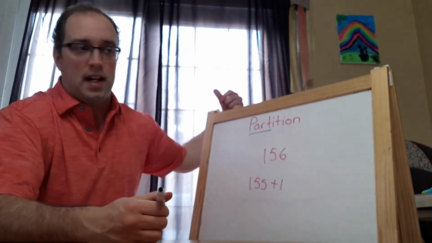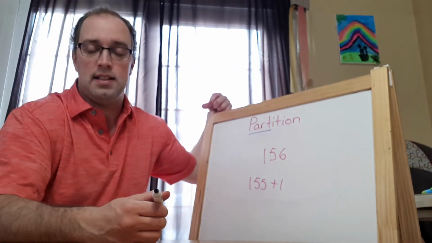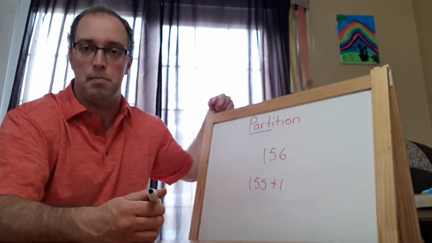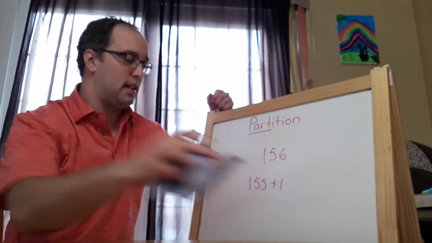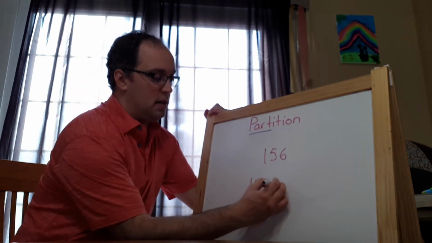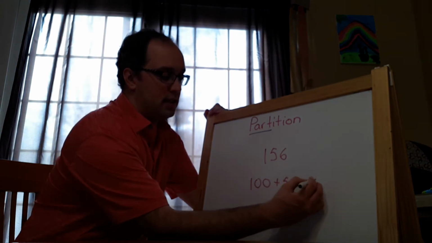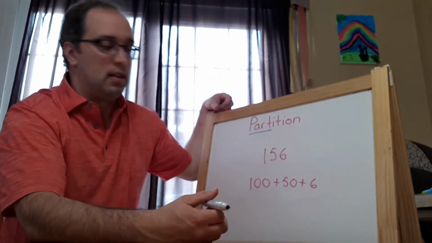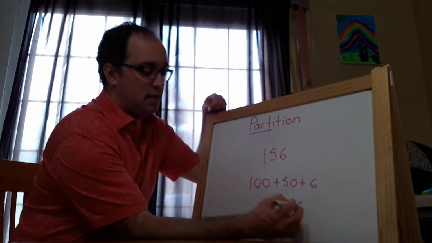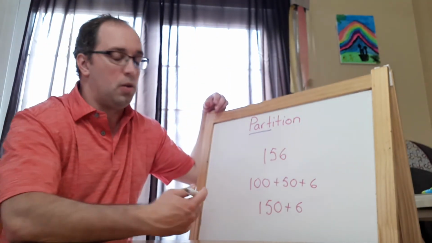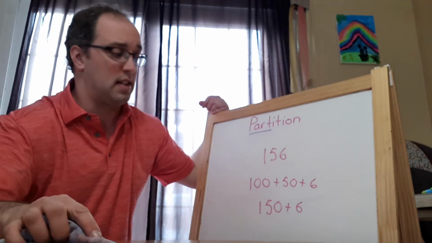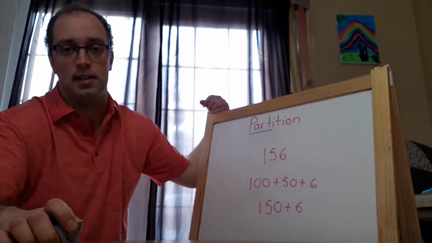At first I'll accept that, but after a few days I'm going to say that's too easy for you now, give me something more challenging, show me some more. And then they'll start giving stuff like expanded form, like 100 plus 50 plus 6. That's a great partition. They may give 150 plus 6, also a great partition, or any other way like that to represent or to partition these numbers multiple ways.